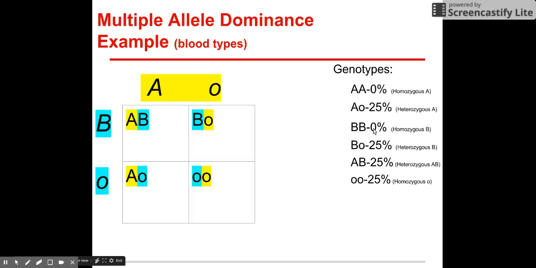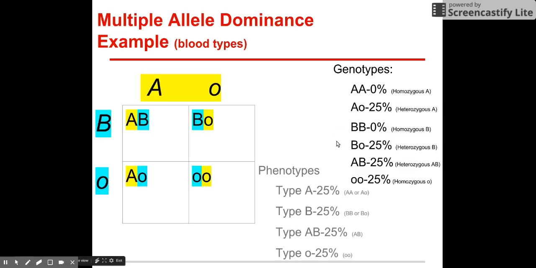We have no offspring possibilities that would be uppercase B's, homozygous type B, but we do have 1 that's a heterozygous type B. And then we have 25%. One of our possibilities is AB blood, heterozygous AB. And then we have 1 possibility of type O. So you can see we've doubled our genotypes just by adding 1 more letter. That's a lot to do.